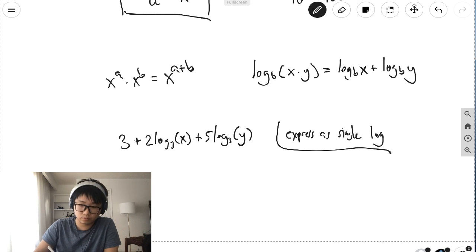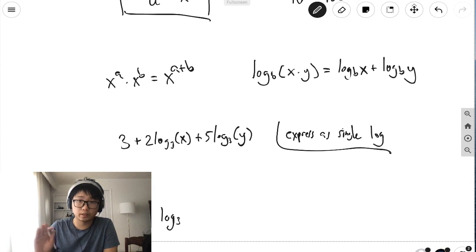Wait, say that one more time. Oh yeah, okay. Log 3, well, there's no equal sign here, right? This is just simplifying this expression. So you want to rephrase that?